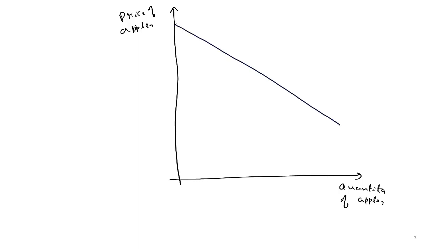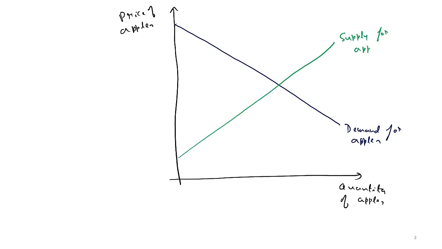So this is your demand for apples, yes, supply for apples, and where about they intersect, that's your market equilibrium.